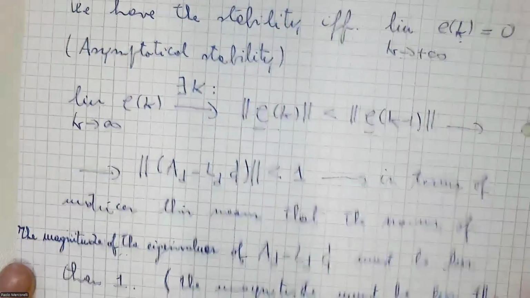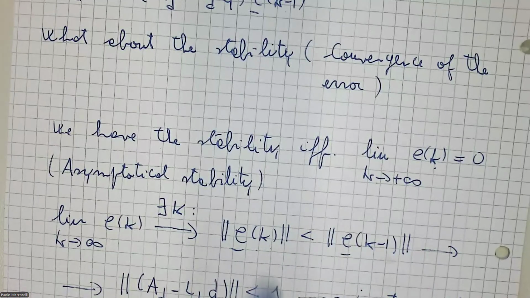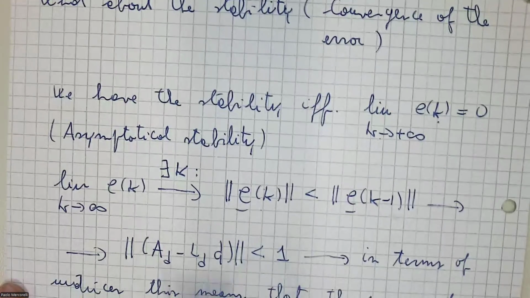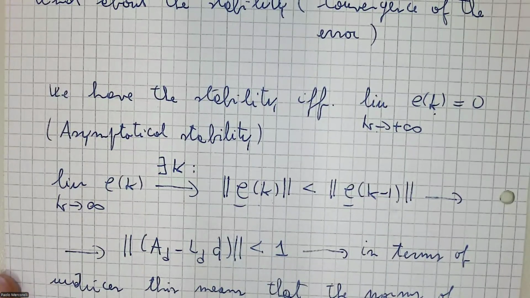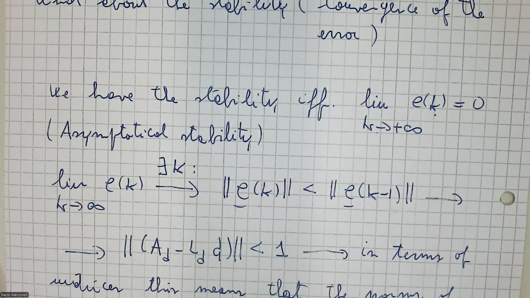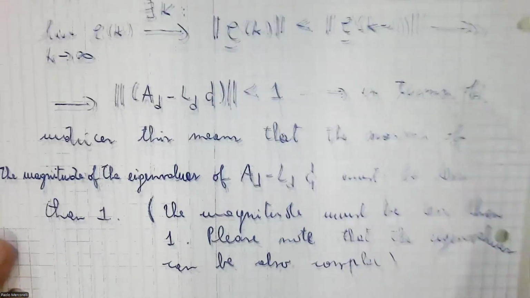I would like to skip this because we already discussed a lot about asymptotic stability. This must be inside the unit circle. You remember this? Must be less than 1.